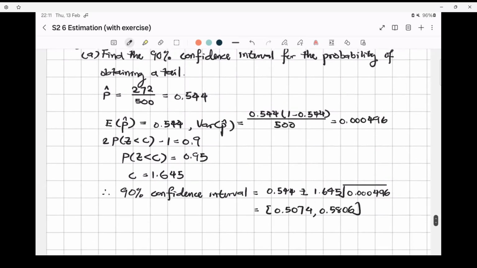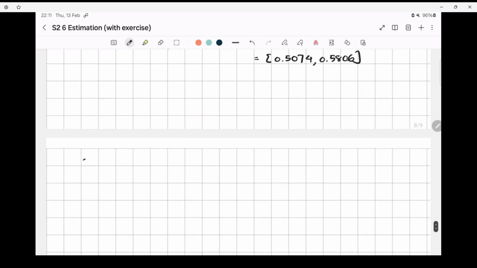So now let's look at part B. So this experiment is carried out 10 times.